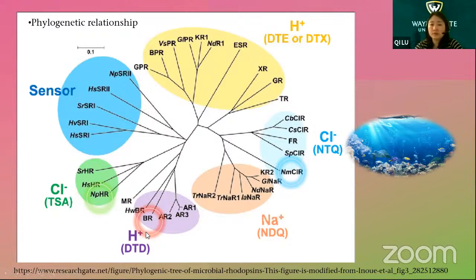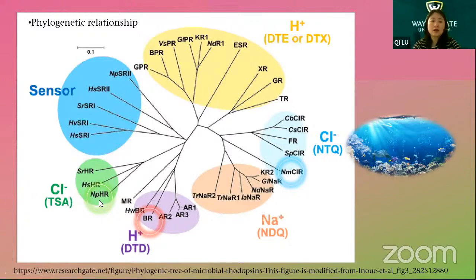So bacterial rhodopsin is quite close to halorhodopsin, the NpHR. And there are other groups of chloride pumps like NM3R, called NTQ, based on the critical motif, the NTQ motif, which we'll discuss later. This group comes from the deep sea, and the TSA chloride pumps come from forests, from those bacteria or microbes.